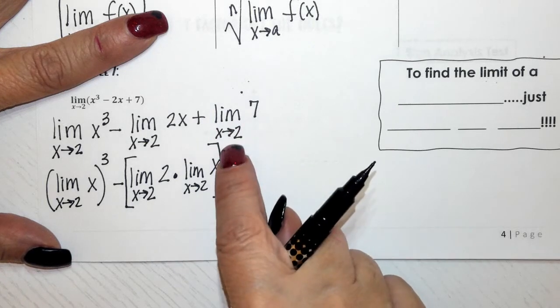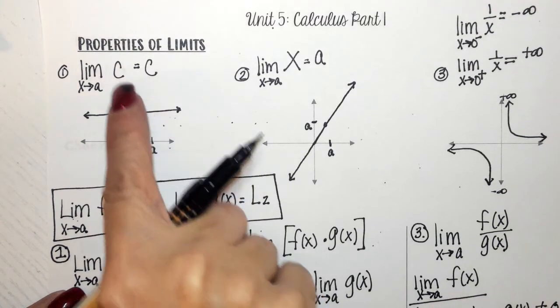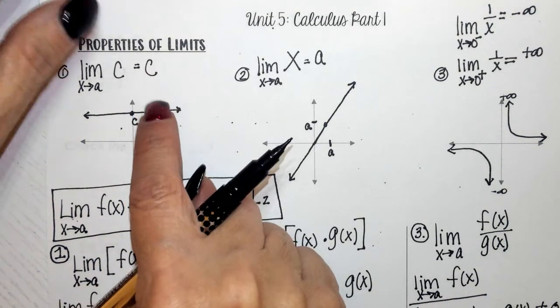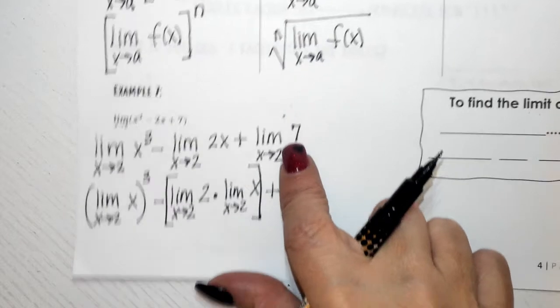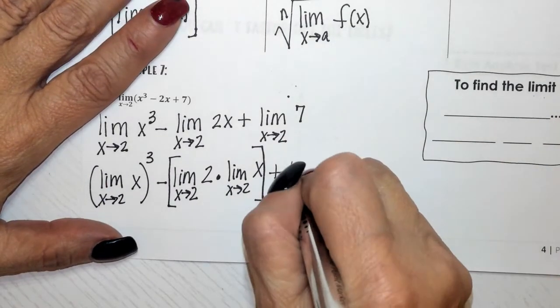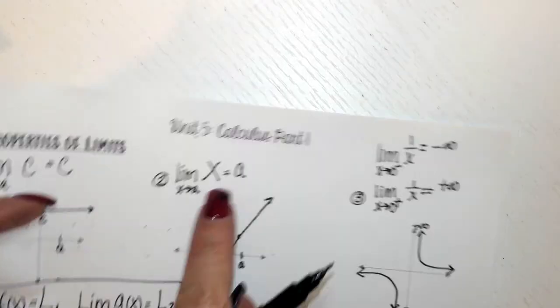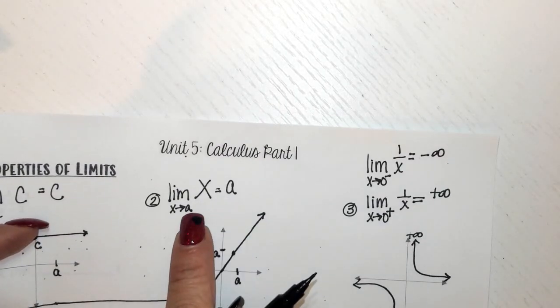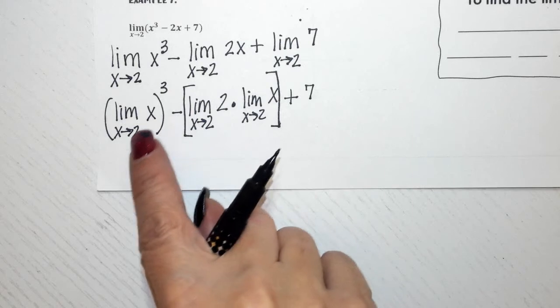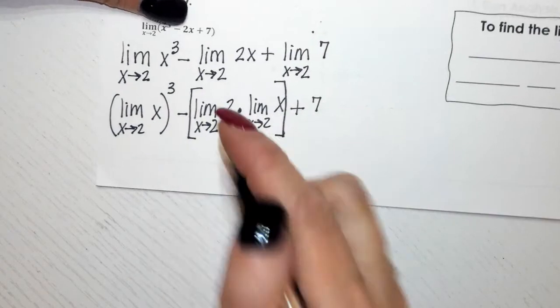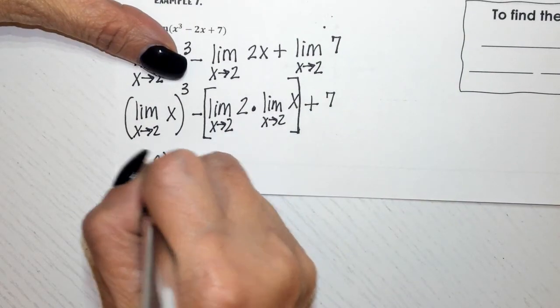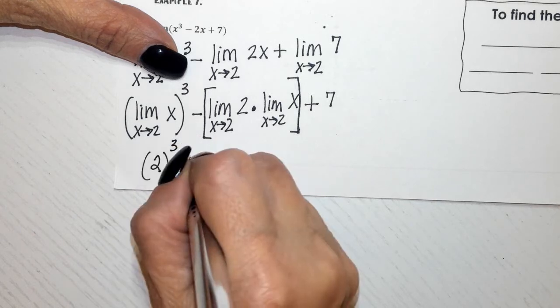The limit as x approaches 2 of 7, go back to your rules, the limit of a constant is just the constant. So that means the limit of 7 is just 7, right? So I'm going to go ahead and say, well, this is just 7. The limit of x is just the value of whatever a is. So if I'm approaching 2, that means this would be 2. So that means this would be 2 to the third power.